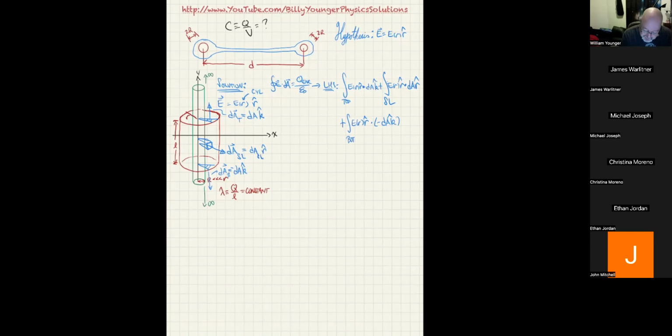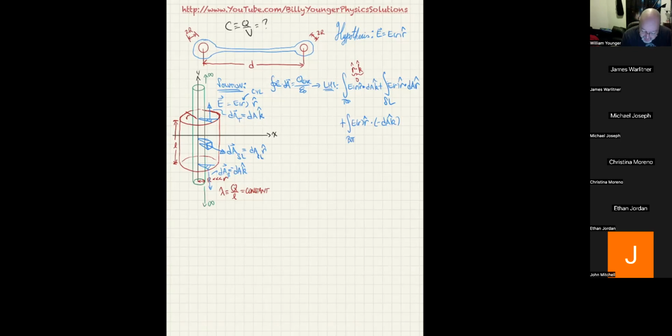But hopefully you all know that r hat dotted with k hat. Does anybody know what that's going to be? Zero, because the magnitude of r is 1, the magnitude of k is 1, but the angle between them is 90, and the cosine of 90 is 0.